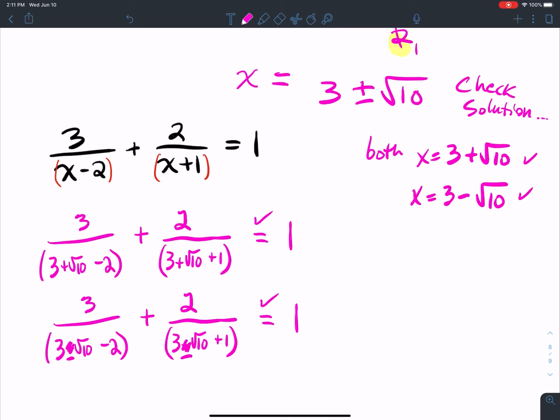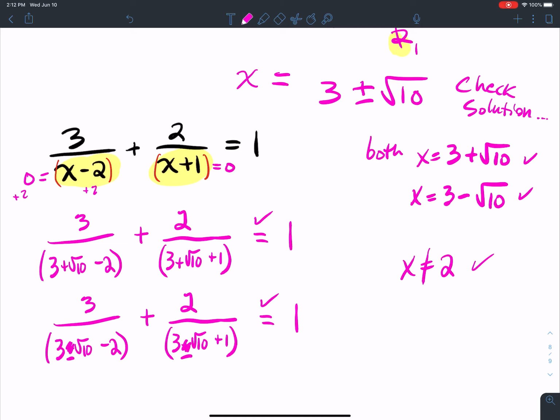All right, now restricted values, are there any restricted values? Well, we set the denominator equal to 0. If I set the denominator equal to 0, what can I not have? Well, x cannot be 2. So x can't be 2. That's good. We don't have a 2 for a solution.